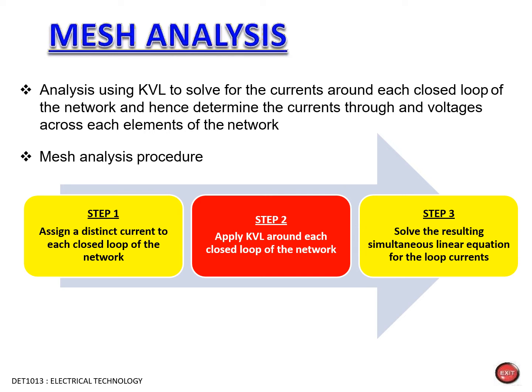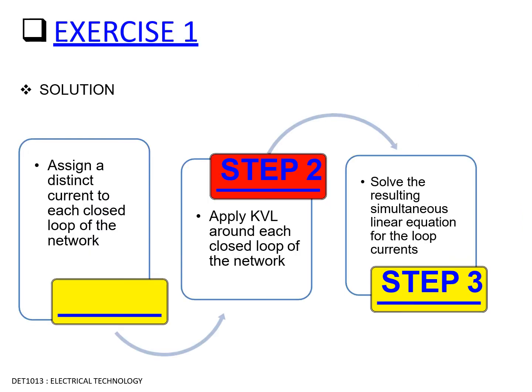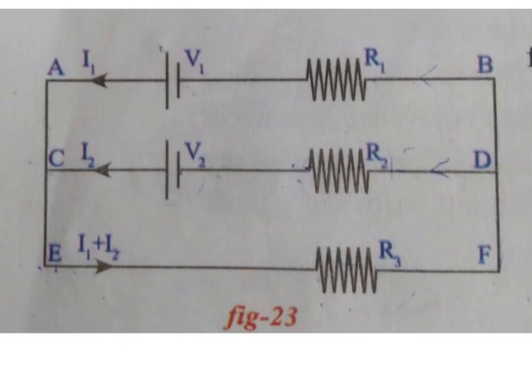So remember that mesh analysis involves 3 steps and helps us to solve for the values of current. To repeat very clearly: assign a distinct current to each loop, then apply KVL, and then solve those equations.